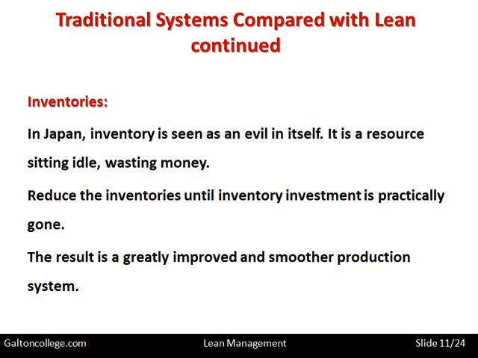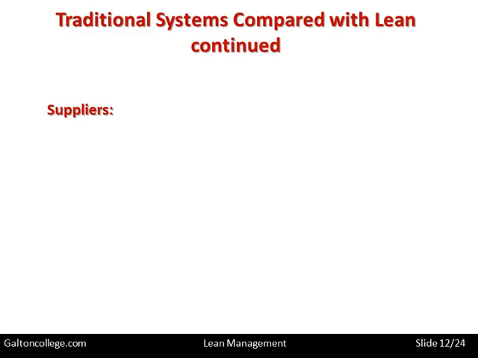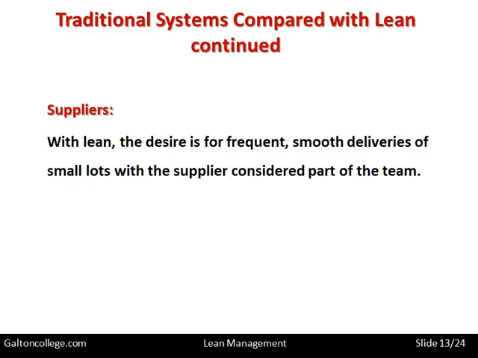Suppliers and the concept of lean. The desire is for frequent, smooth deliveries of small lots, with the supplier considered part of the team. So in a sense, the supplier is a part of the production system. The supplier makes many small deliveries. There are no big deliveries.